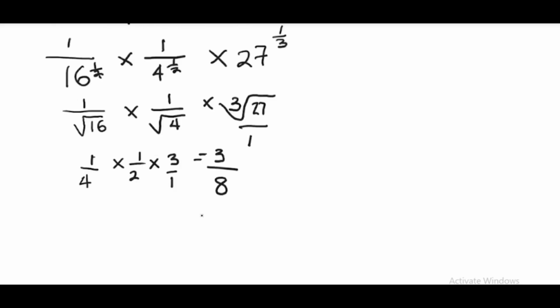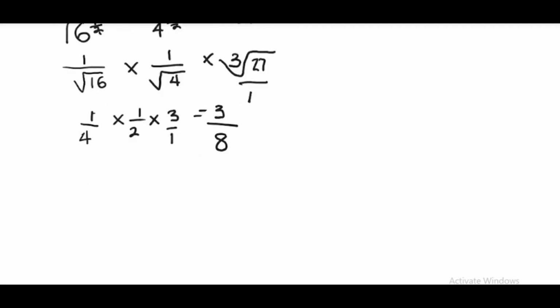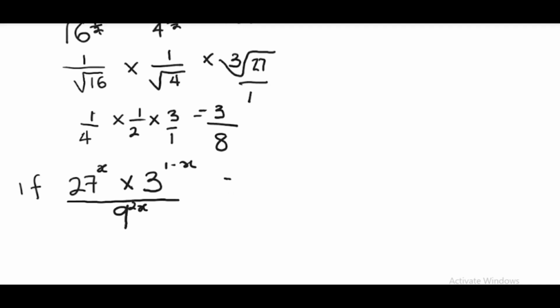So the second question, before we look at the last one. This is a WAEC question: if 27 raised to the power of x times 3 raised to the power of 1 minus x, all over 9 raised to the power of 2x, and this whole expression is equal to 1, we are to find x.